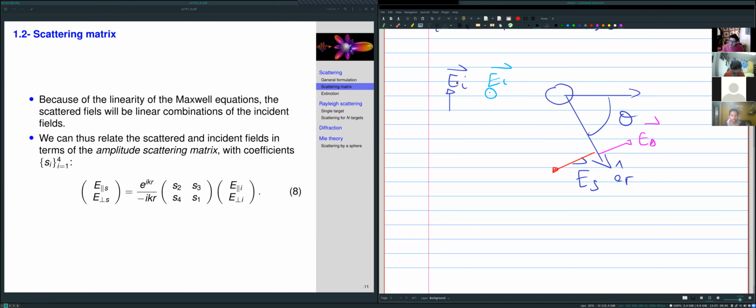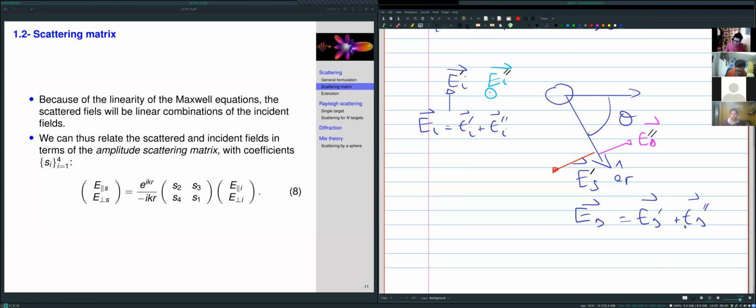If we sum, let's call these ones E prime and E second. So that would be prime and second scattered. What I'm trying to say by linearity is that the total electric field, E prime plus E second incident, will correspond to a scattered field, which is simply the sum of each of the individual scattered components.